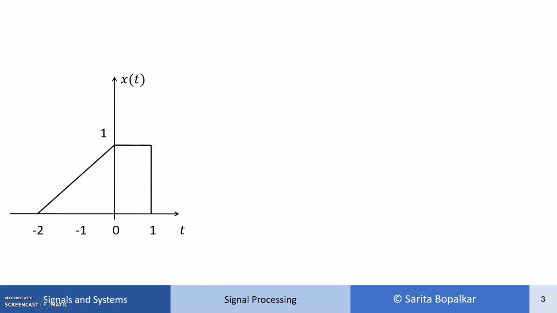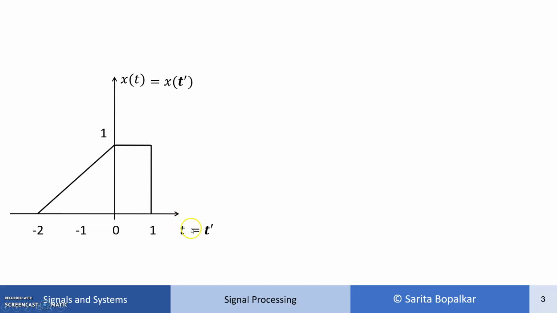Now let's solve one example. Let this x of t be the signal. We want to perform the time delay operation. Same process: first, mark the original x of t as x of t dash, so this time axis becomes t dash. Just for our convenience, we are differentiating the original signal from the delayed signal.